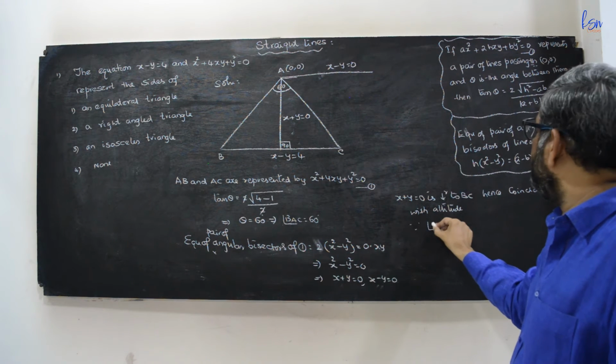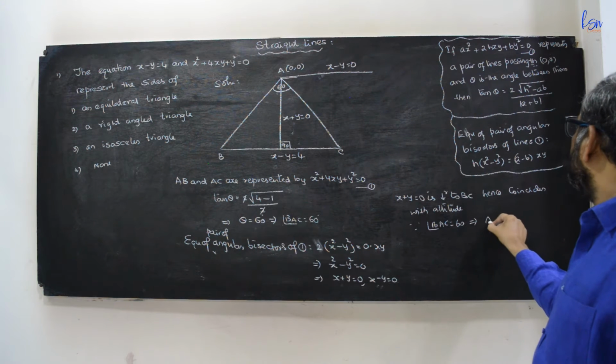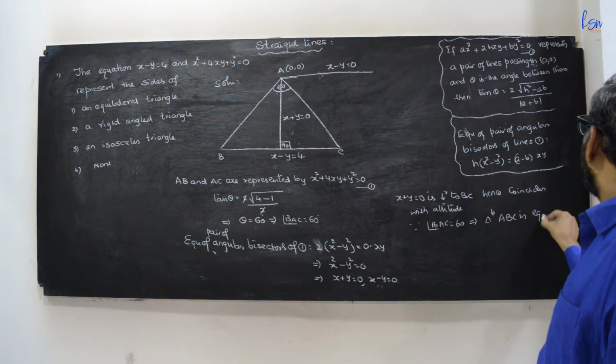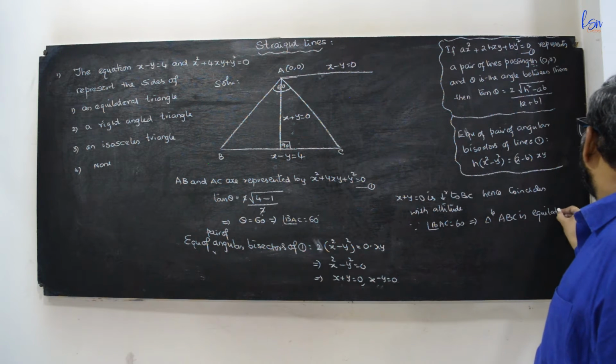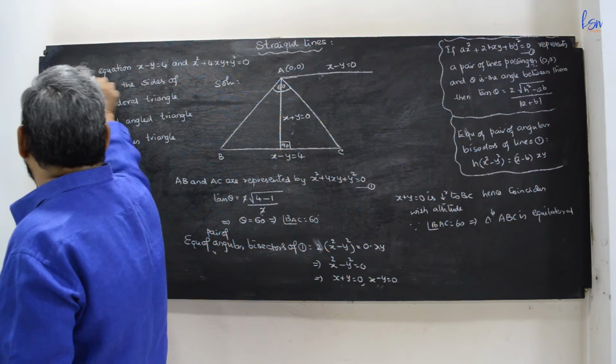Since angle BAC is equal to 60, triangle ABC is an equilateral triangle. So the first option is the correct answer.